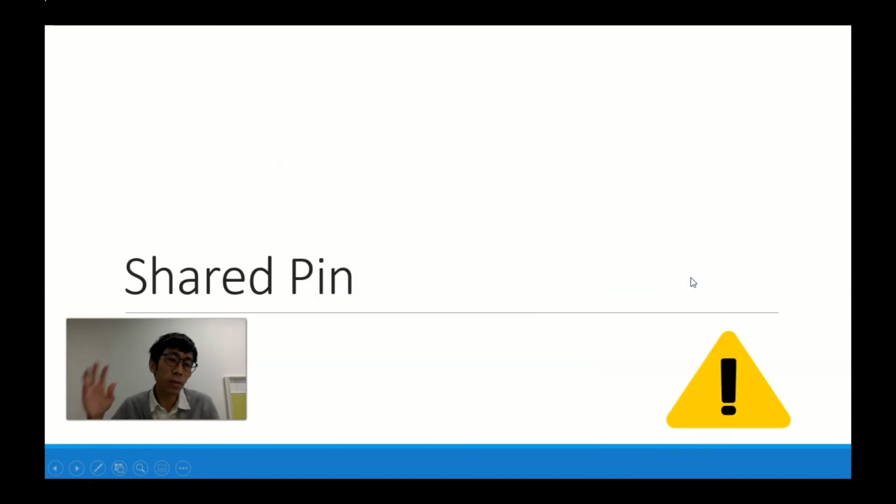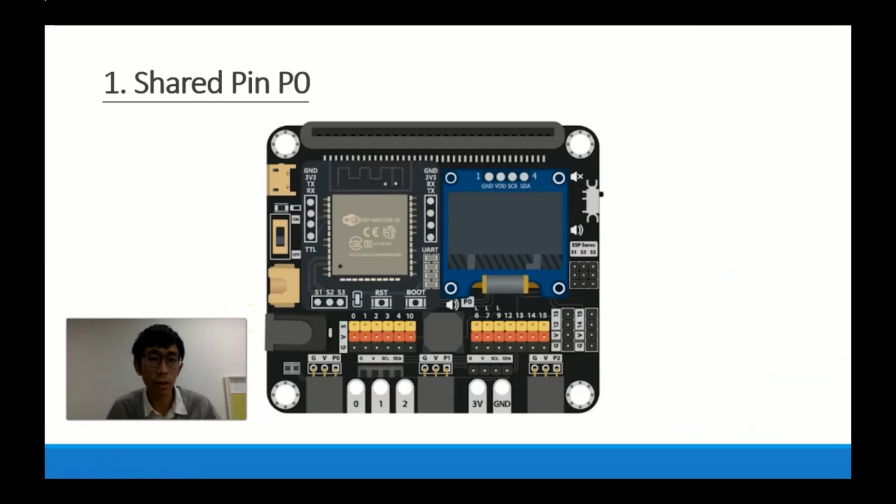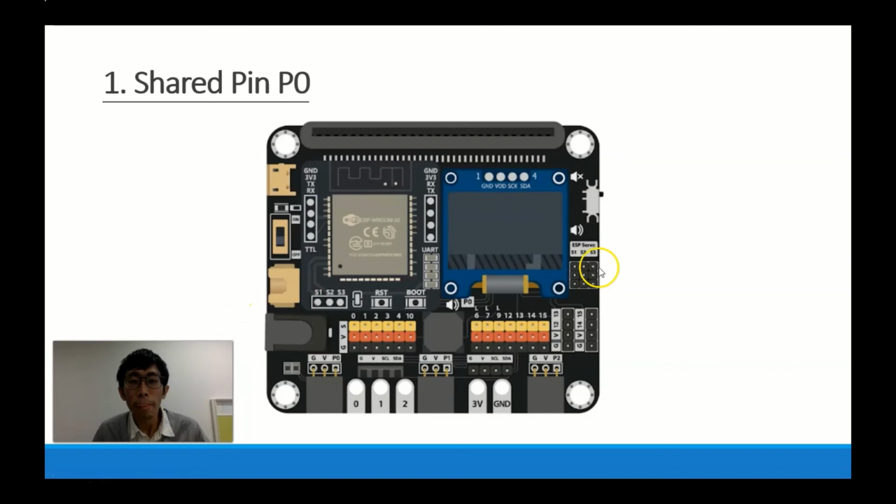So let's talk about the shared pins, because if the pins are shared, you can only use one. The most common shared pin is the buzzer. You also know that P0 is the default. If you want to drive the musical buzzer, you have to use P0.